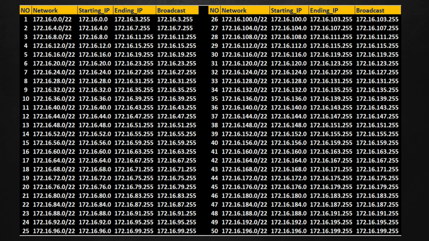Our requirement was 50 networks, so as per our calculation, we received 50 networks. On the screen you can see the starting IP address and ending IP address of each network, and also the network ID and broadcast ID of each network. You can assign IP addresses from the starting IP address to the ending IP address to network devices, but you cannot assign the network ID or broadcast ID to any devices. It is prohibited. So this is how you do subnetting on a class B network.